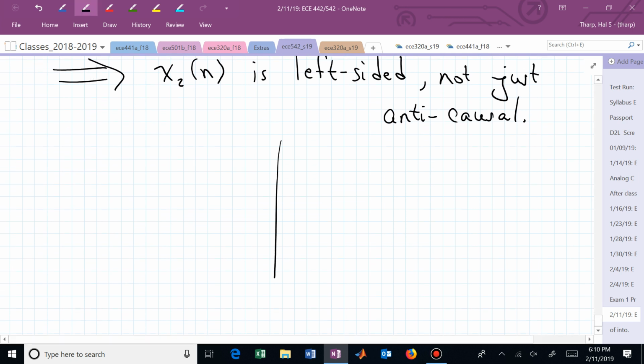Picture-wise, in the time domain, here's n, here's x sub 2 of n.